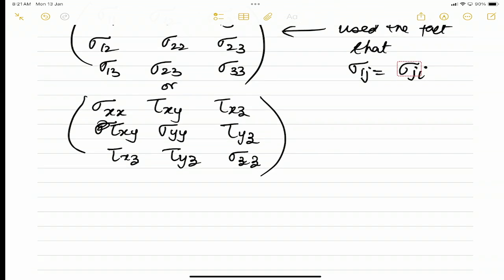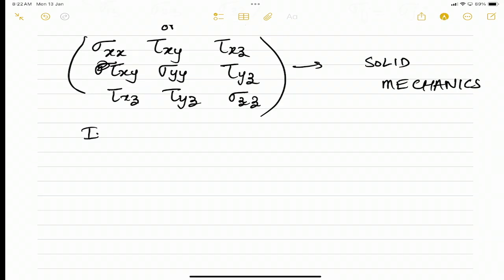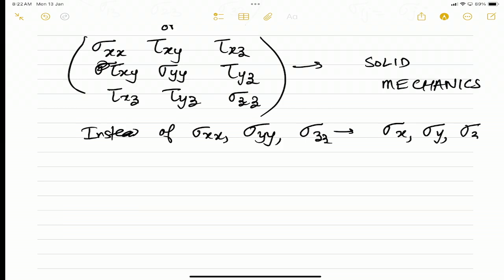These are the same notations. For shear stresses, we use tau instead of sigma. Okay? And this is particularly the notation in solid mechanics. And sometimes you may find that for the normal stresses, they use only one index. So in your textbook, you will find only one index, but if you find sigma x, that is the same as sigma xx. Or if you find sigma x prime, it's the same as sigma x prime x prime, with no summation on x prime, obviously.